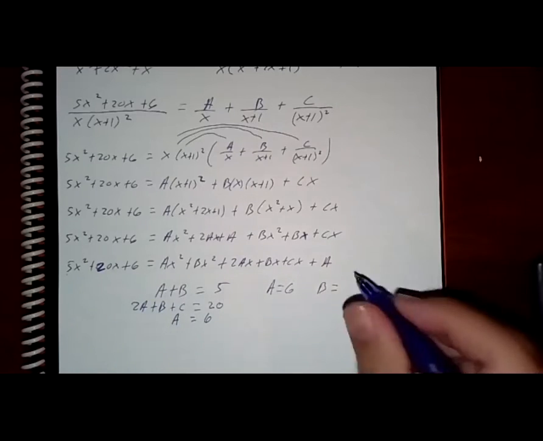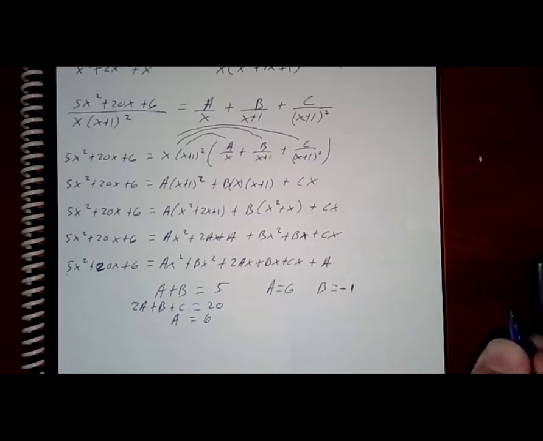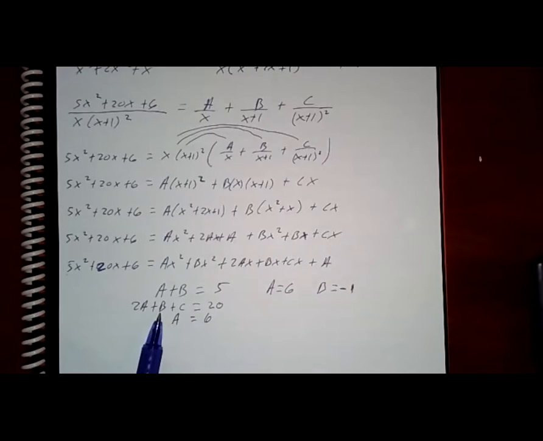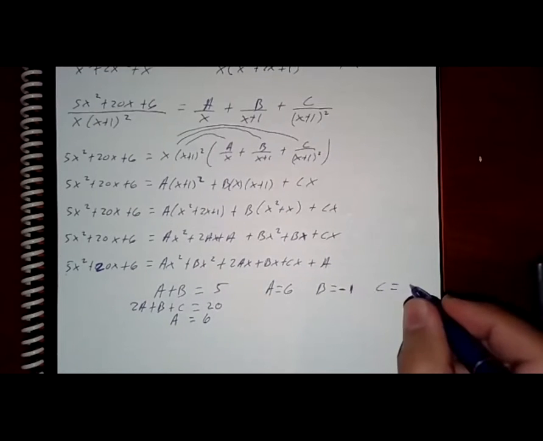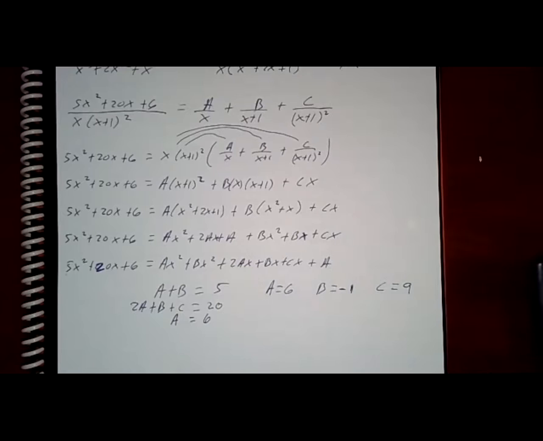Yeah, exactly. -1. So if you have a and b, then you can find c. Because this would be 2 times 6, which is 12, minus 1 is 11. Subtract it over. c has to be 9. And if you don't see it, just plug in the numbers and solve for c. That's what I did.